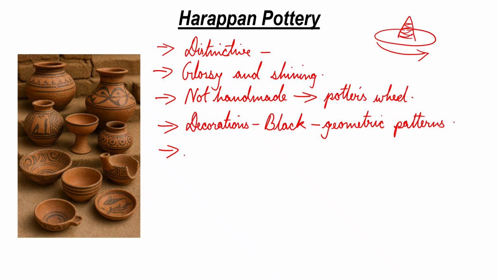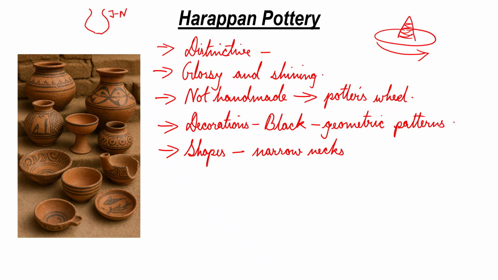And how were the shapes? Shapes were also very interesting. The jars had narrow necks. What are necks? If this is a jar, then this portion is called neck.